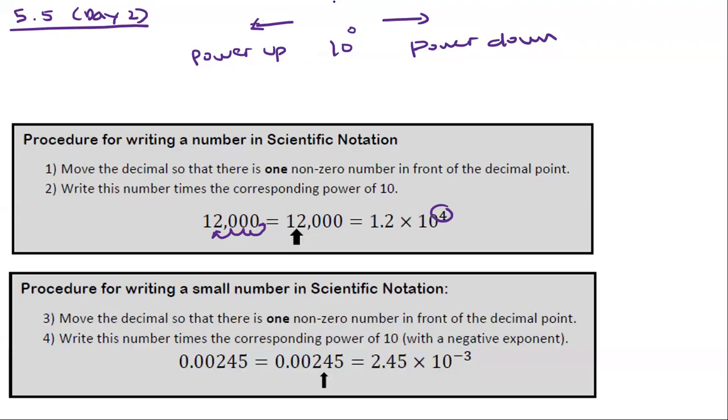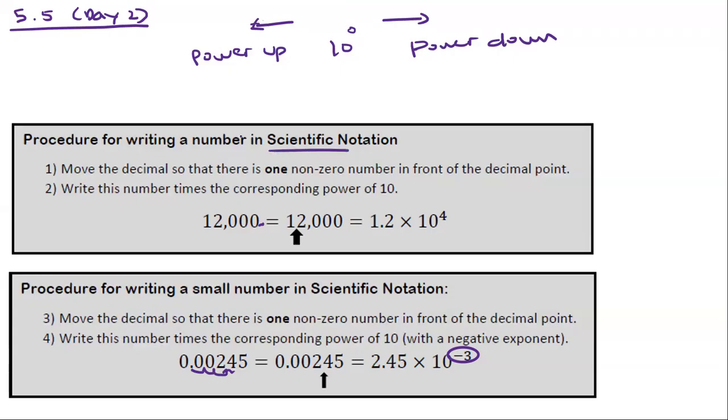Now if I wanted to move the decimal to the right, if you look at the bottom here, I move it to the right, that's 1, 2, 3. Notice that the power went down. Now it's -3. So that's what this is stating: if you move the decimal to the right, the power goes down. If you move the decimal to the left, the power goes up.